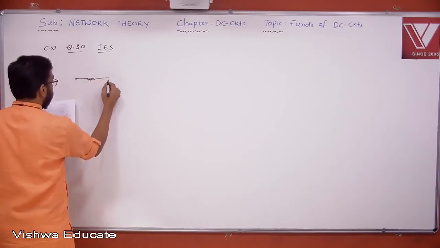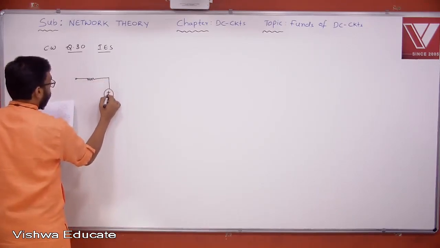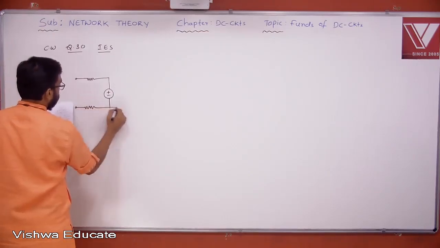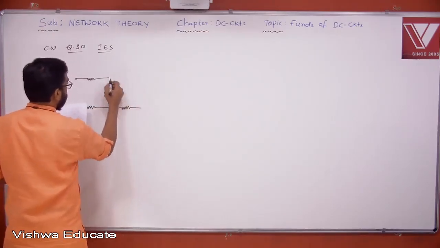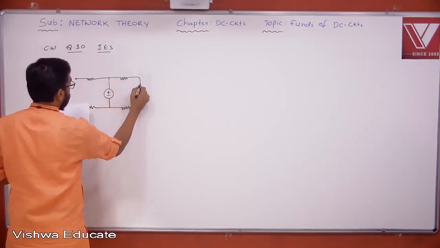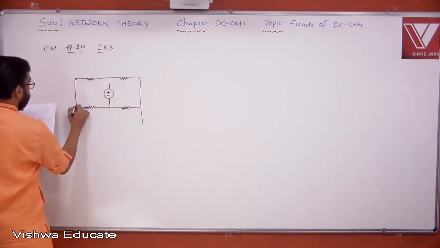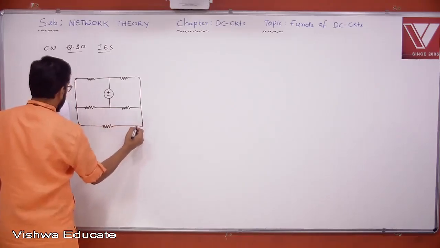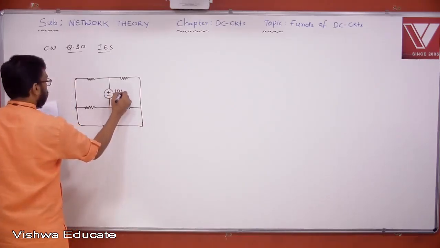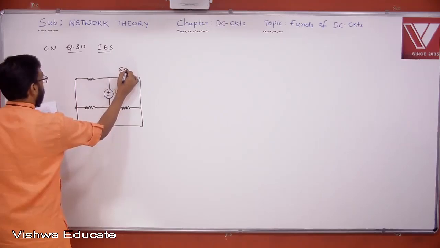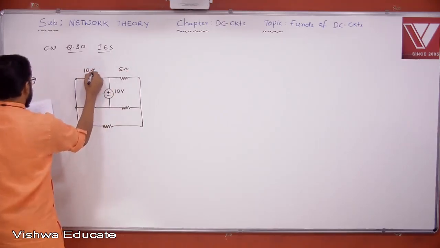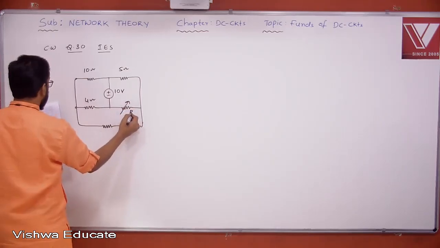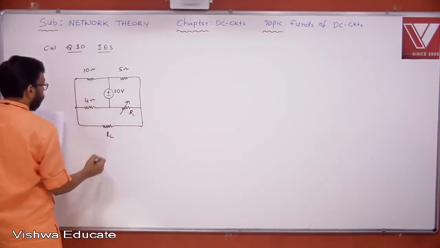Very simple. Look at this network, you draw the network again. 5 ohm, 4 ohm, and we are expected to find this capital R value, and this is RL.